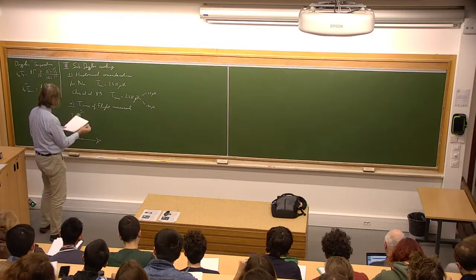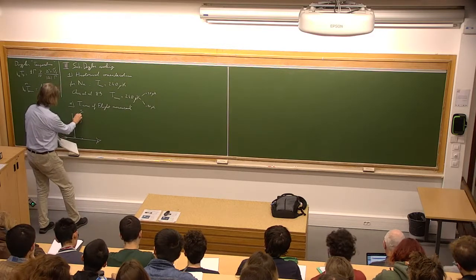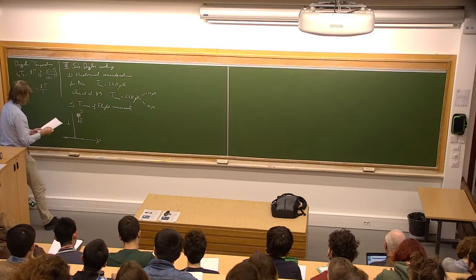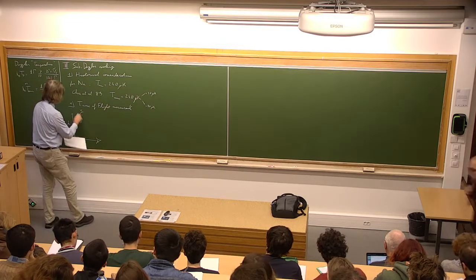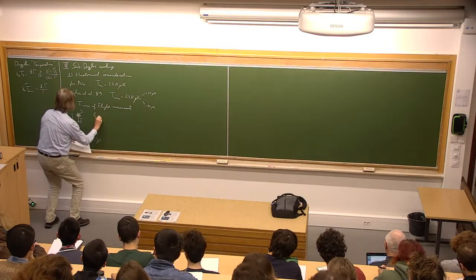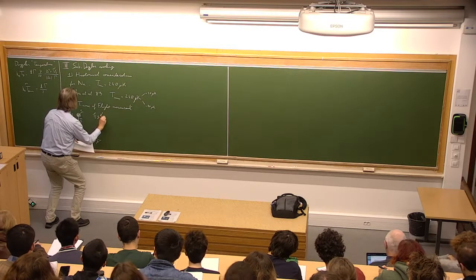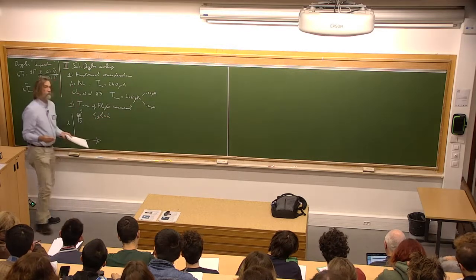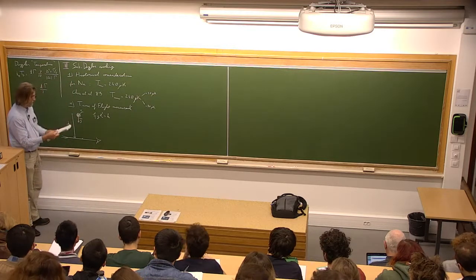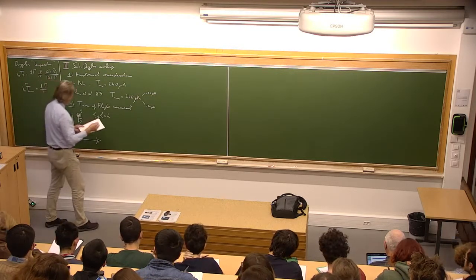So the idea is very simple. If this is the height H, and if the cloud was at zero temperature, then you just have to write 1/2 g T0 squared equal to H, and that's it. You have the time it needs to reach the sheet.